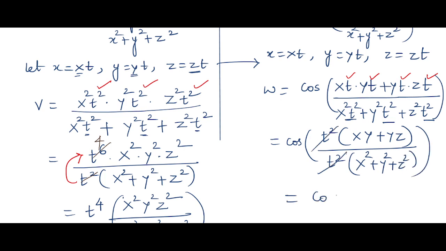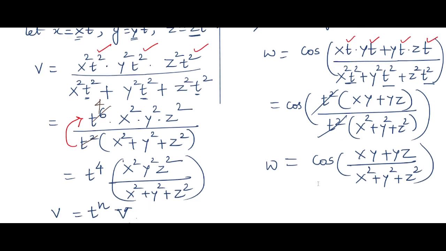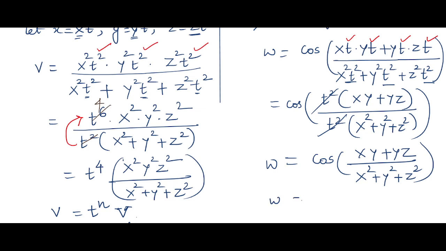This is cos of xy plus yz upon x square plus y square plus z square. So w, now w we can write it as t raised to 0 because there is no t term left, t raised to 0, and the rest of the term is in capital letters. So I will write it as capital W.